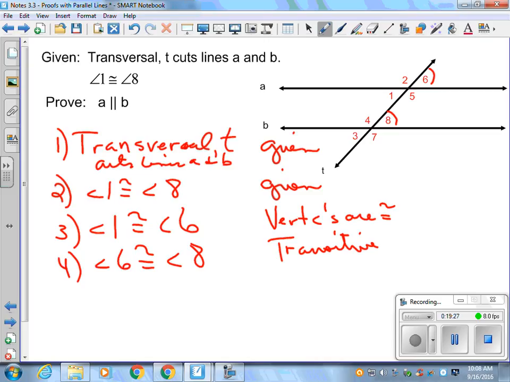So what if you did put corresponding? Would it be wrong here? Yes, it would be. Because you have nothing about parallel lines to know that those are congruent by the corresponding rule, because I don't already know the lines are parallel. I haven't proven that. So now I can say A is parallel to B because now I do have corresponding angles are congruent.